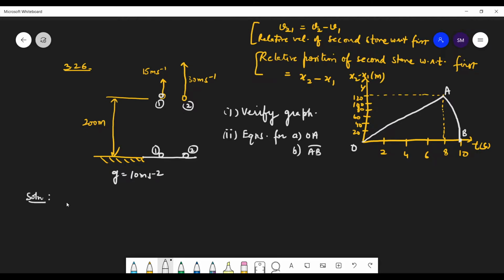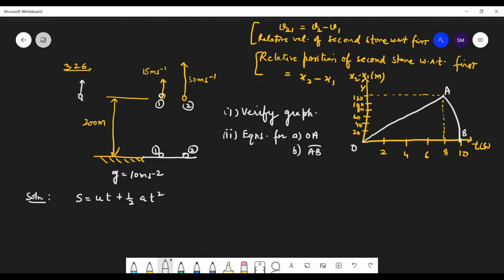Now, what will be the solution? We know the equation S equals UT plus half AT square. Now, students, whenever we have one-dimensional motion, there are only two possible directions.